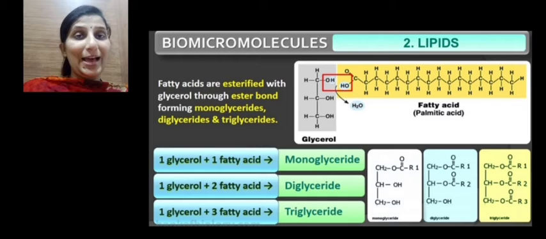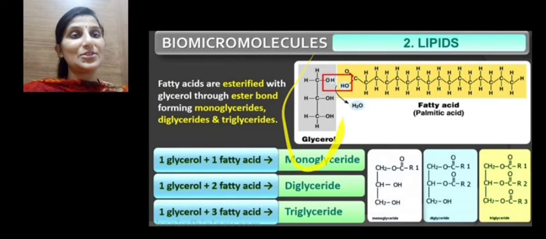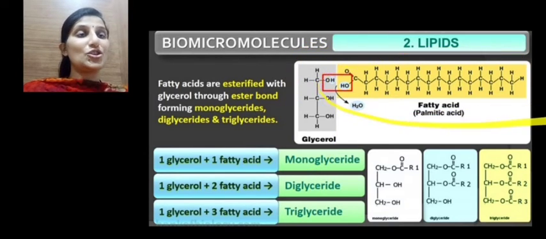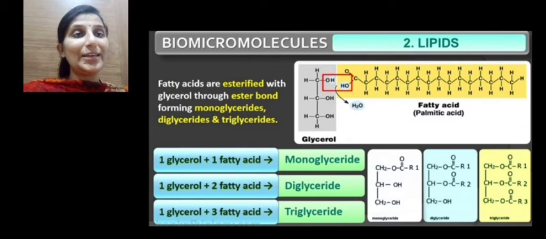As I said, fatty acids combined with an alcohol like glycerol are simple lipids, and these fatty acids form ester bonds with glycerol. You can see the structure of glycerol and of a fatty acid. The hydroxyl groups of both are removed as a molecule of water, and thus an ester group is formed. If glycerol is attached to a single fatty acid, it forms a monoglyceride.